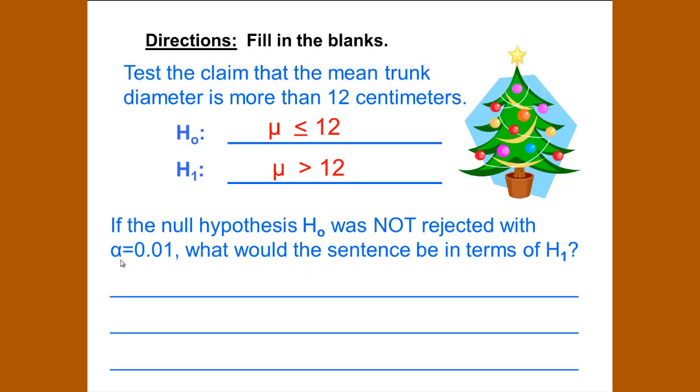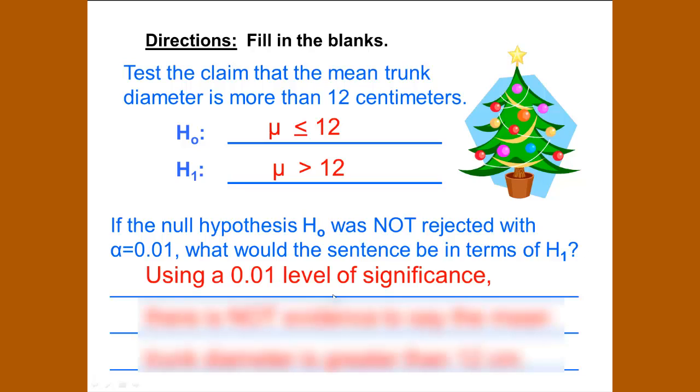To write the sentence, if the null hypothesis H0 was not rejected with alpha equaling 0.01, what would our sentence be in terms of H1? And remember, we always write our sentence in terms of H1. Three parts again.